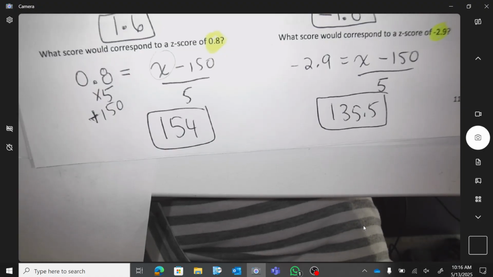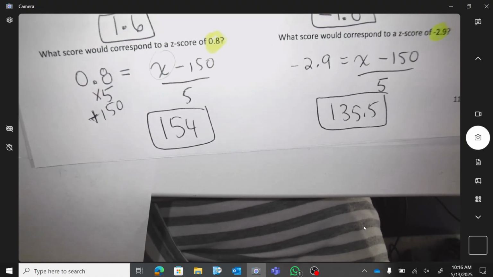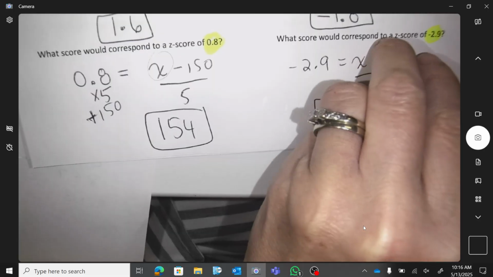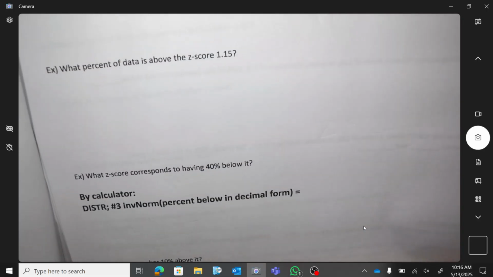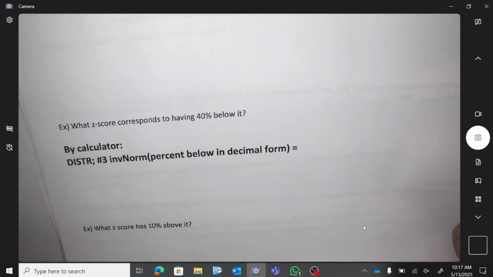Okay, so I got 135.5 as the score for whatever this data is, if it was a bowling score or something. Okay, I'm done.